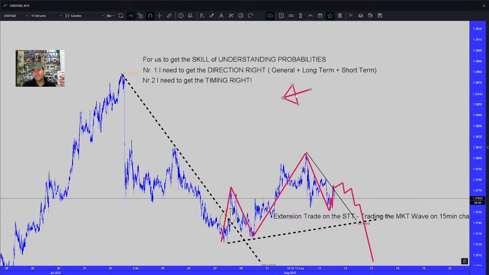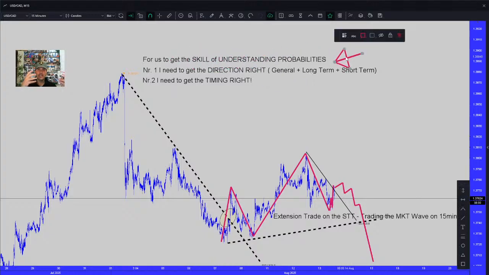No, there is no right or wrong strategy, Max. Don't worry. For us to get the skill of understanding probabilities in the future, it's a skill. Does this make sense? You can learn how to understand probabilities, and today it's one of the lessons.